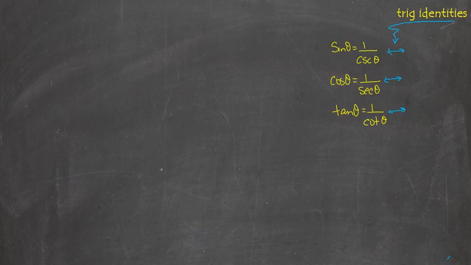The also true statements that the cosecant of theta is equal to 1 over sine theta. I think I spelled cosecant wrong. And that the secant of theta is equal to 1 over cos theta. And cotan of theta is equal to 1 over tan theta.